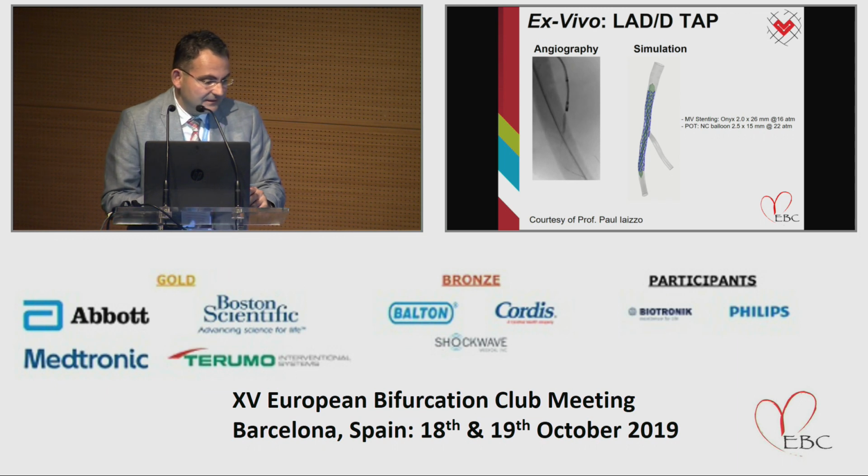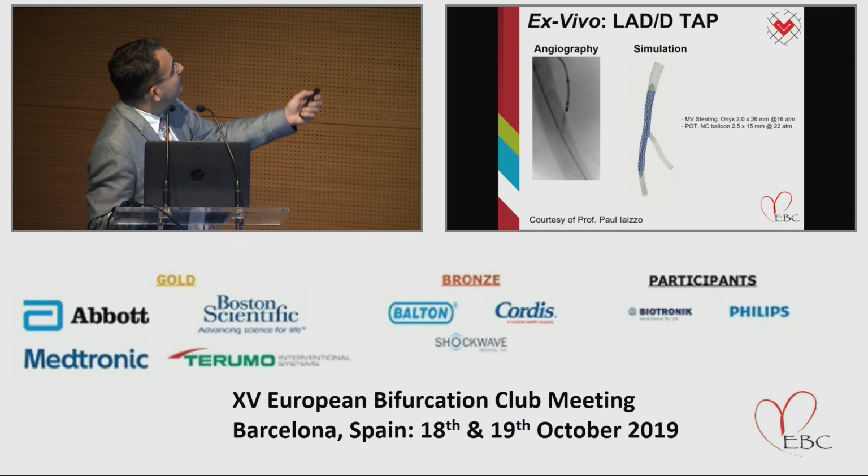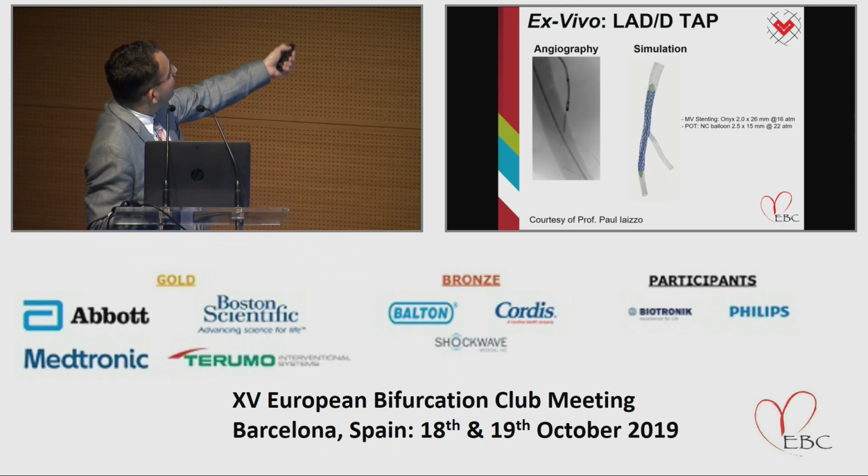So this is an LAD diagonal. So we deploy the stent in the LAD first, and then we perform, that's the stent in the LAD. So we took the same anatomy using OCT on both branches.